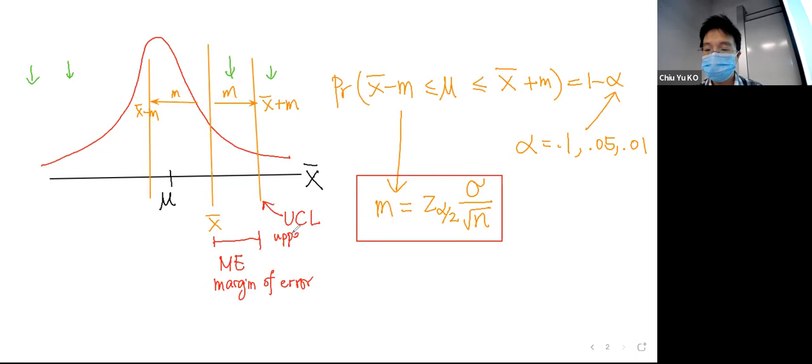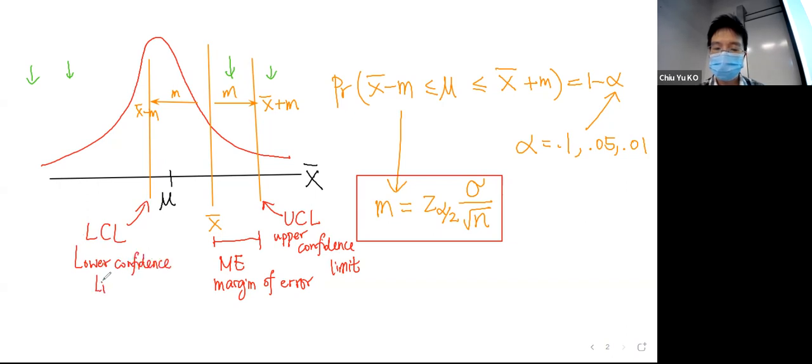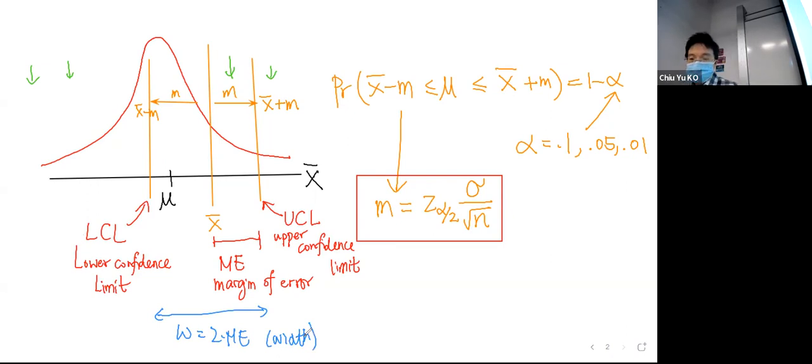And this one is called LCL, the lower confidence limit. Also this whole thing, which is W equal to 2 times ME, is called the width. It's just terminology, so that is the standard thing.